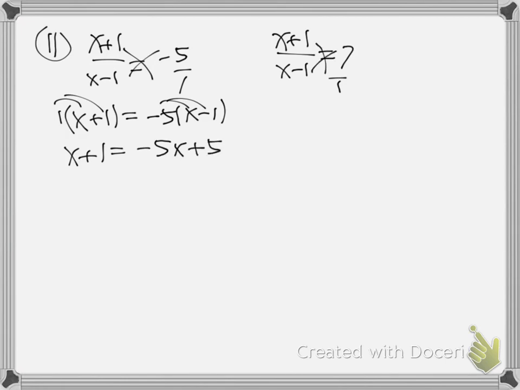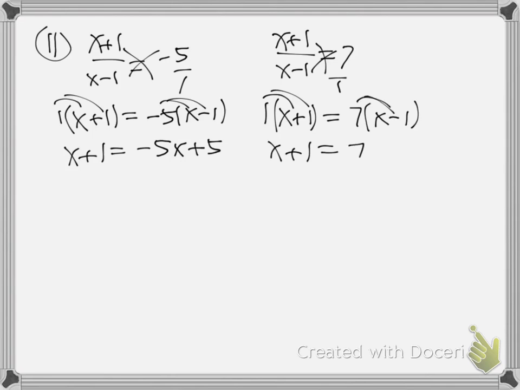Same thing here. And then how do you solve when you've got x's on opposite sides like that? Just get rid of one of them. It doesn't really matter which one. So I'll just add 5x to both sides, and that'll get rid of that one. You could do minus x to both. Just do the opposite.